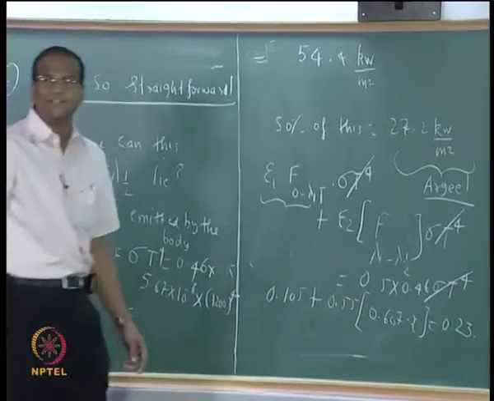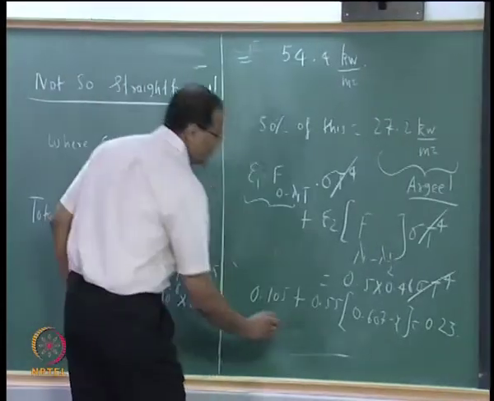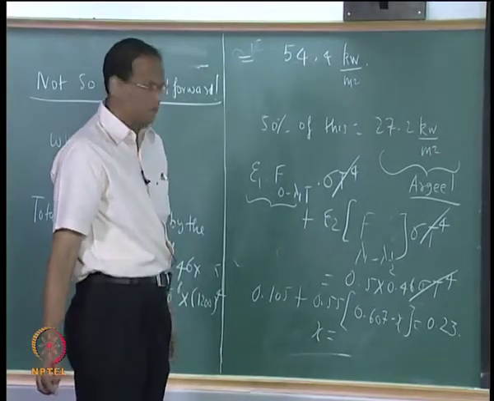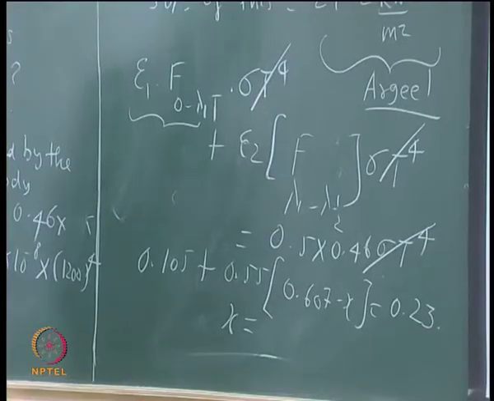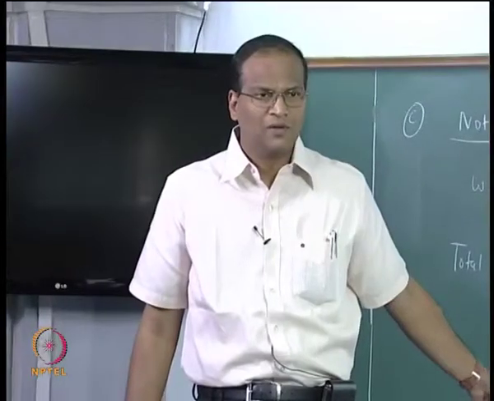I can solve for x. So x turns out to be 0.607 minus x, it is correct. It's okay, right? Correct. So x is how much?